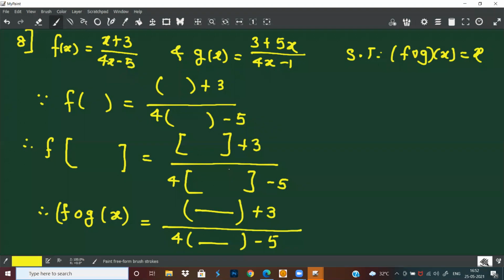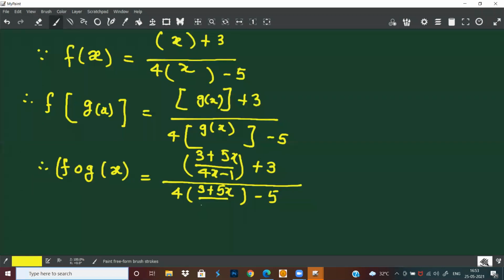Hello? f of something is needed, so first write it like this, f of g of x is needed, so first write it like this, later substitute g of x. Yes, absolutely correct, super.